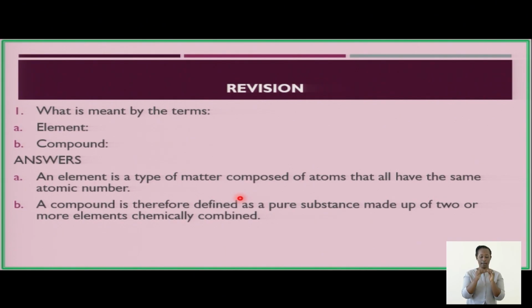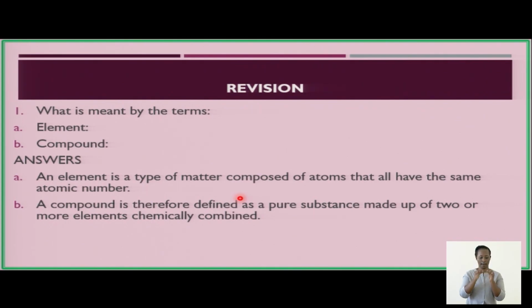And what is a compound? A compound is defined as a pure substance made up of 2 or more elements which are chemically combined. You can have one atom and another atom which have different atomic numbers and get them combined.